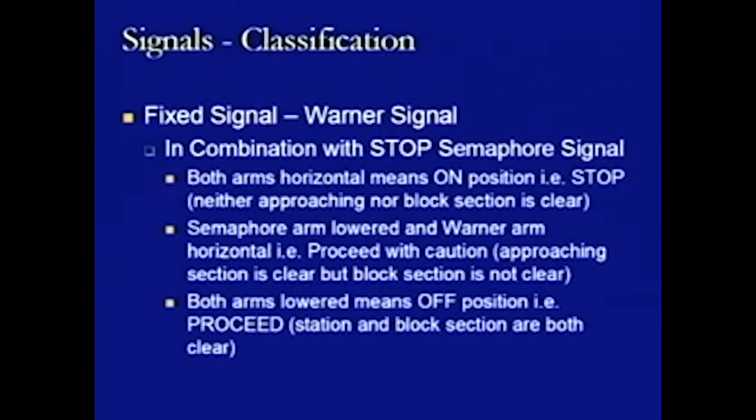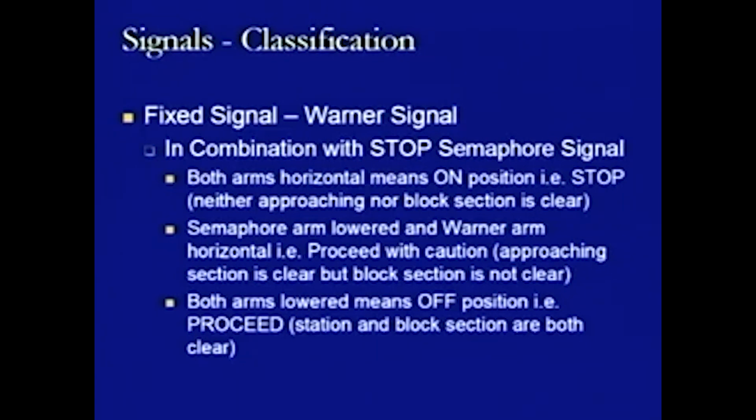Then further, if we look at the Warner signals provided in combination with the stop semaphore signals, they are located at some distance below the movable arm of the semaphore signal, as we have seen, this distance is 1.7 to 2.1 meters. So, here a number of conditions may happen depending on the position of the movable arms of the Warner signal and the semaphore signal together.